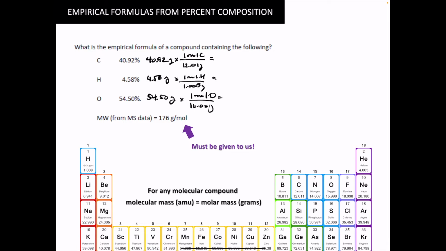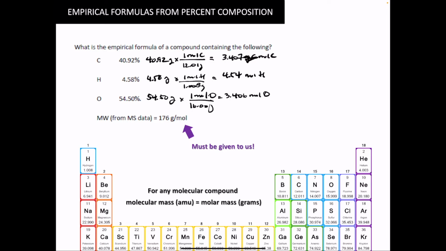It looks like I get 3.407 moles C, 4.54 moles of H, and O is 3.406 moles. Wow, man, I'm messing this up. Oh, all right, I think I'm getting this.